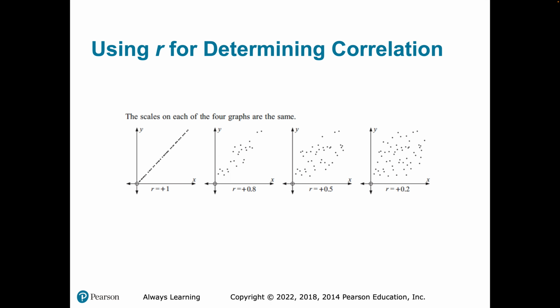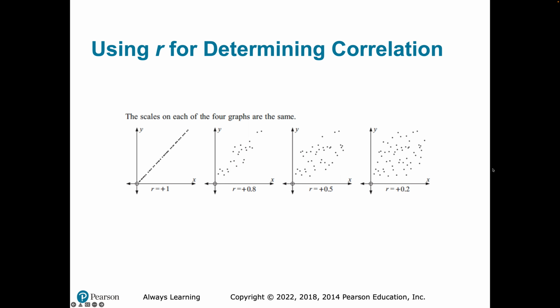Let's take a look at some graphs. The scales are all the same. The first graph would have a correlation equal to 1. Why? All of the points are on a single line, and it rises to the right, which means it's positive. The next one, notice how the points start becoming distributed a little more.